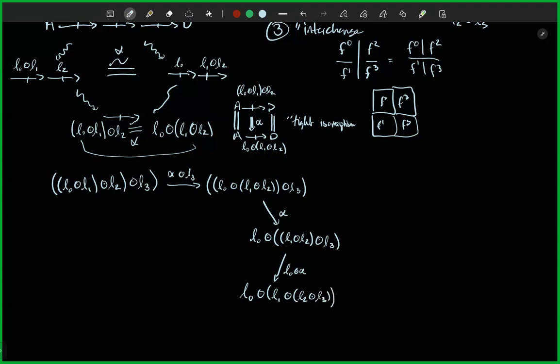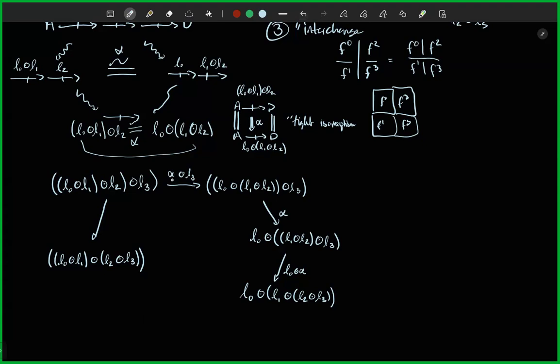Okay. But on the other hand, I could have done a different thing here. I could have, instead of reassociating that inner one, reassociated it straight away to something like this, L naught dot L1 dot L2 dot L3. Right? So if I name all these associators, it's probably better. I'll stop drawing L's.